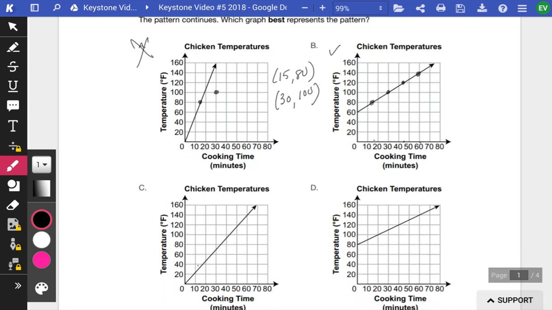So we have (15, 80), and that's nowhere even close on C, so that one's not good. And (15, 80) is right there, and (30, 100) is right there, so obviously it's not on D. Those points are best represented on B. So that's the correct answer for this one.